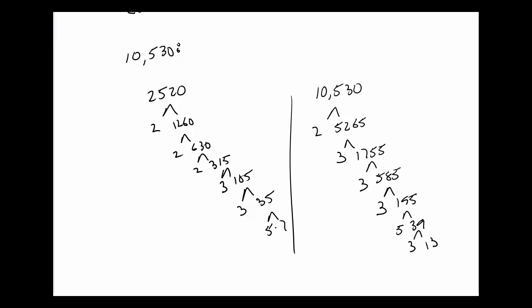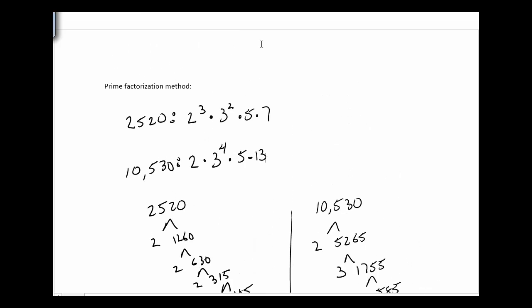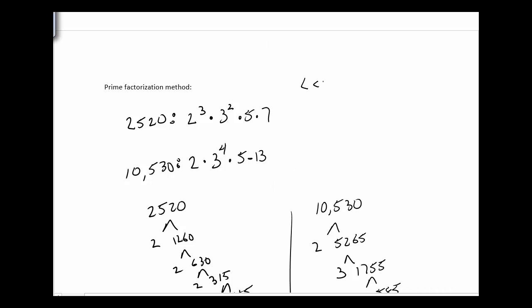Okay, so let's collect up all these numbers. I have 2 times 3 to the 4th times 5 times 13. Okay, let me go back up here. All right, so the LCM, the least common multiple of these two numbers, this is how this technique works, is I'm just going to make a list of all the factors, and the LCM has to have that number of 2's in it, that same number of 3's that has them.